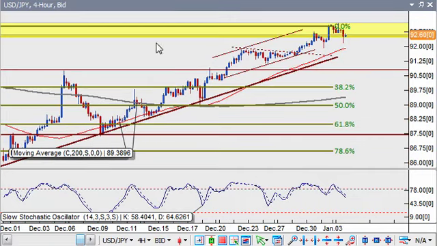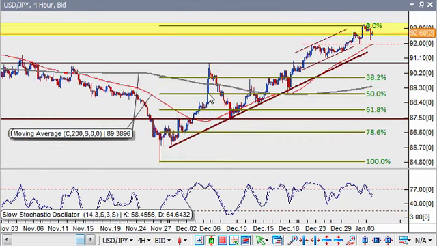Looking at the 4-hour time frame for a better look, we see some important areas to look for, especially this 92 area. So we have hit our 93, but if the market is able to come back below 92, then we may have a further retracement. However, you see that this 90.50 area is also an important level, and if the market can be supported there, that's a very bullish indication.